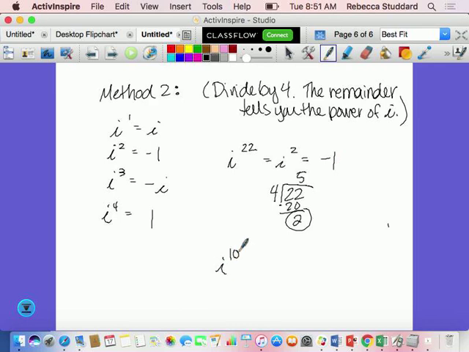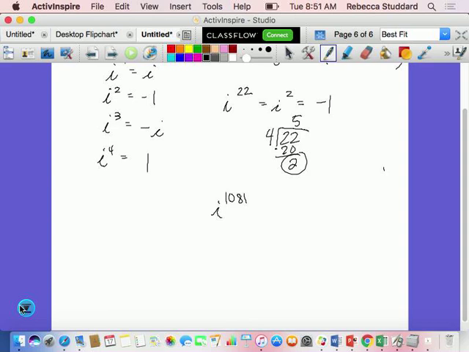i to the 1,081. Well, I can divide 1,081 by 4, and I have a remainder of 1.